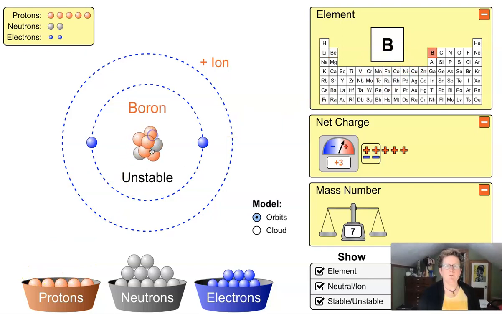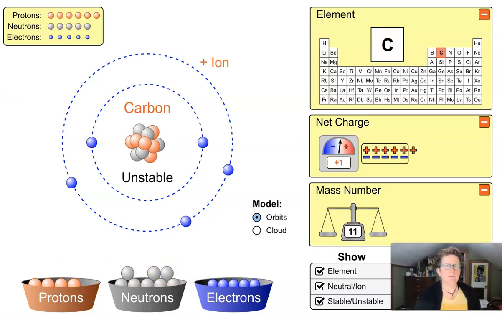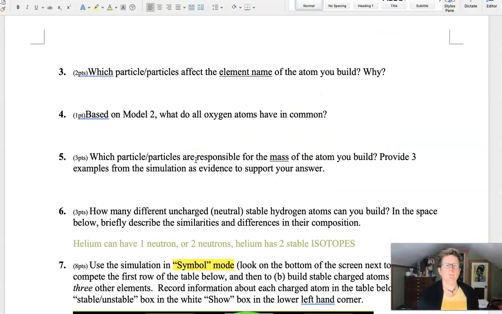When I add protons and when I add neutrons or electrons, we'll add another proton here and see what happens. So that'll give you a clue for number 3.